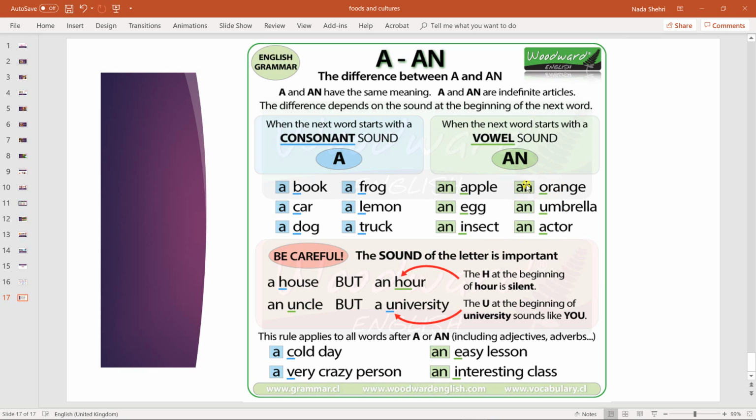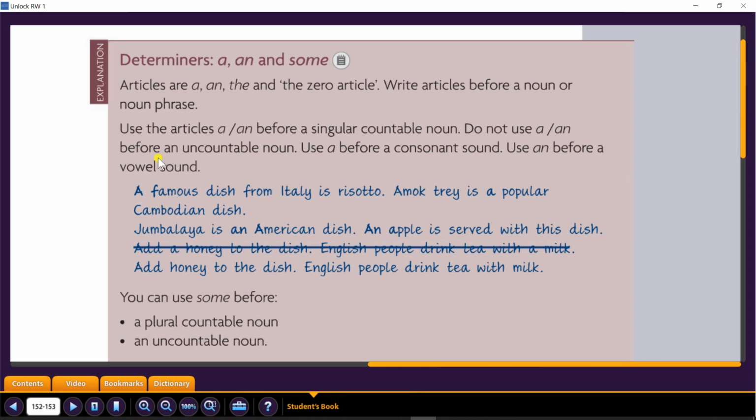Any word that starts with a vowel sound and is singular and countable, we use an. Any word that starts with a consonant, حروف ساكنة, and is singular and countable, we use a. Okay? So this is to use a before a consonant and an before a vowel.